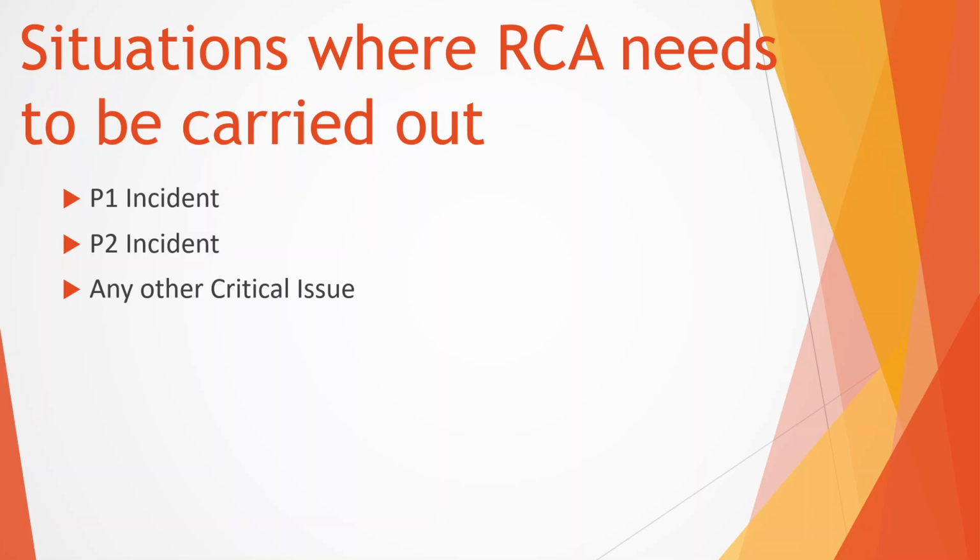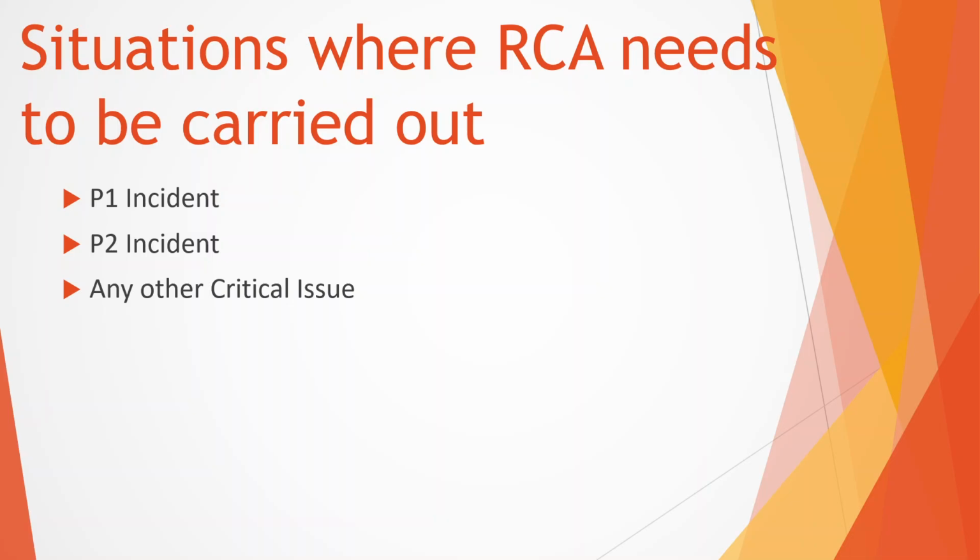The same goes for P2 tickets, because P2 tickets are also high priority and will have certain implications. So if similar issues are happening at the P2 level multiple times, or even a single time if it has a big financial impact, in such cases again RCA needs to be prepared.